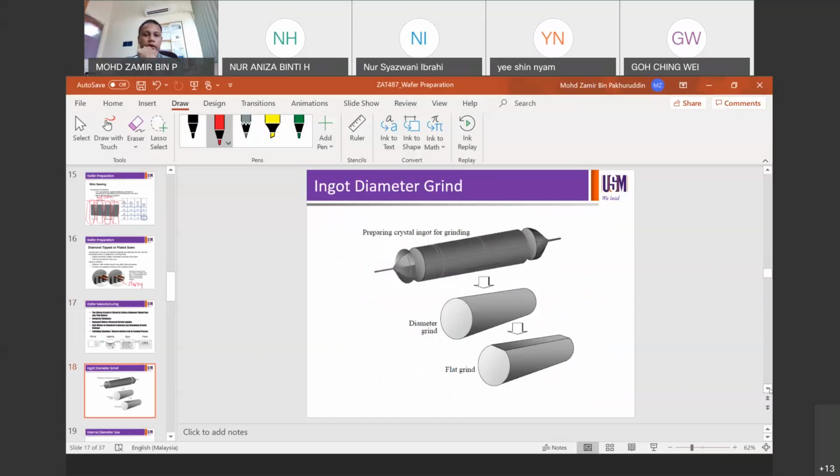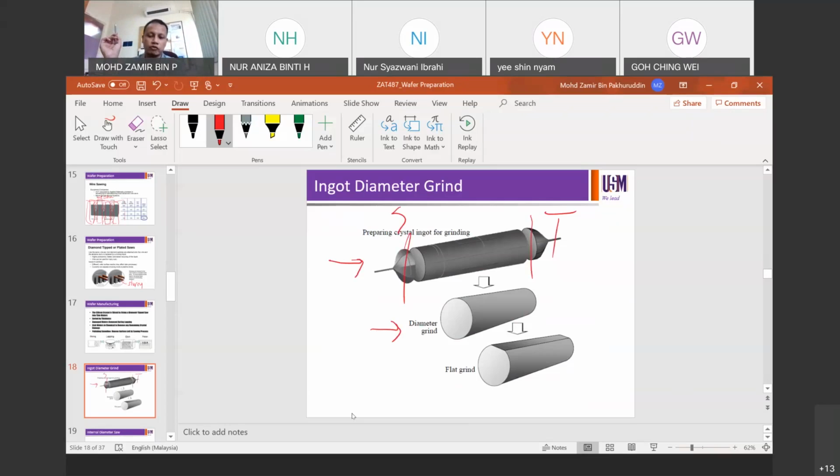Okay, ingot diameter grind. This is how it is done. We start with our ingot after the Czochralski process, if you like. Then we remove the seed and the tail, and you end up with this one.